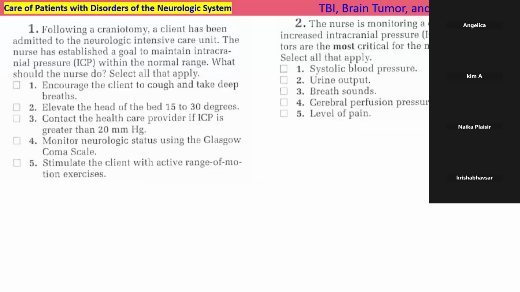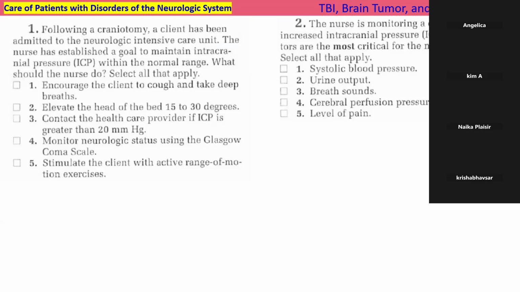We should also monitor the patient's urine output because that's also another sign of increased ICP. But it's urine output, and they are needed to maintain the ICP, but not cerebral perfusion pressure.